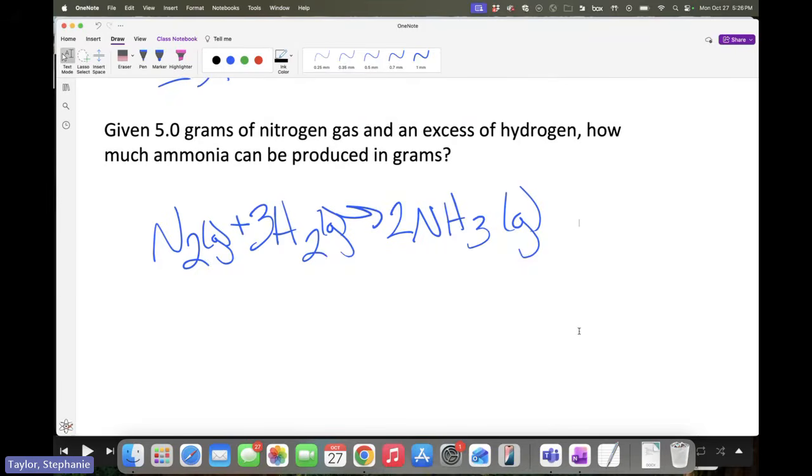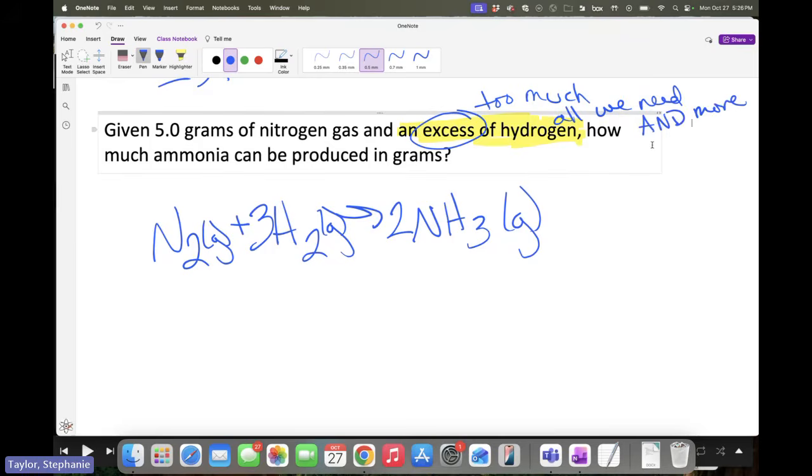When it looks like this, what I want you to notice is that it actually told me that there's an excess of hydrogen. When something says excess, that basically means too much, all we need and more. So when we talk about limiting reactant, this is not a limiting reactant problem.